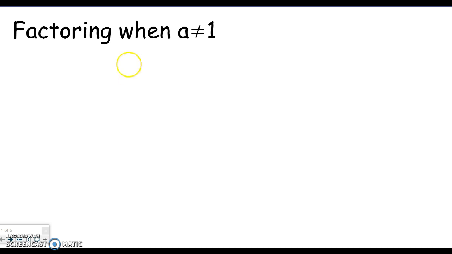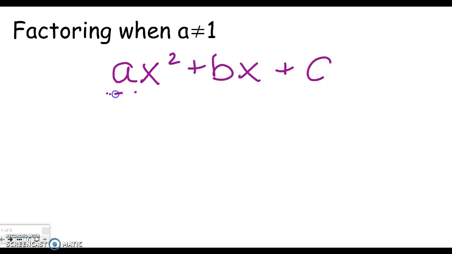So again, what we're talking about when we say a quadratic trinomial is something in this form. Okay, and now this number here is no longer 1. All right, it is 2 or more.